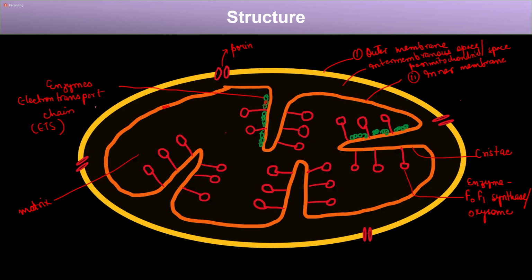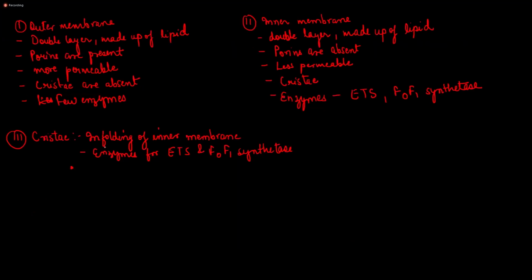So these enzymes undergo continuous oxidation and reduction, and hence leads to the formation of ATP. This process takes place at cristae. Hence, it is called a site for oxidation and reduction.